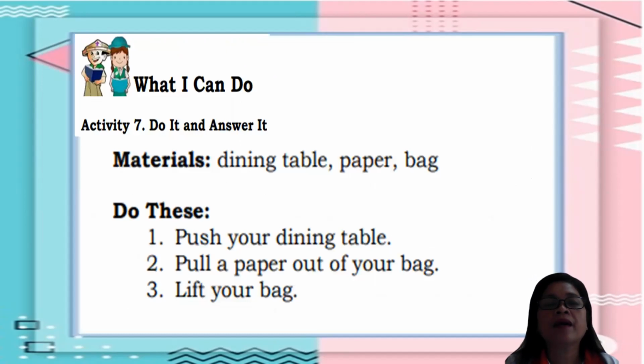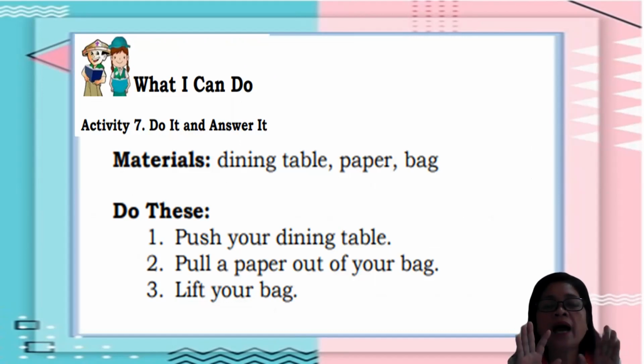Okay. What I can do? Activity 7. Do it and answer it. Materials: dining table, paper, bag. Do this. Number 1, push your dining table.